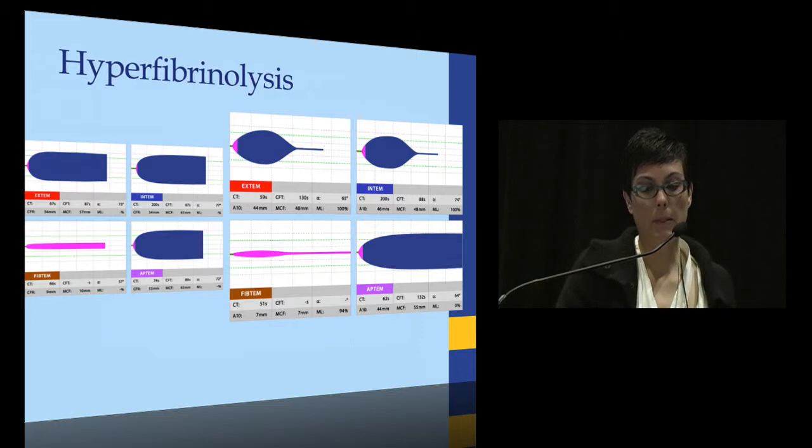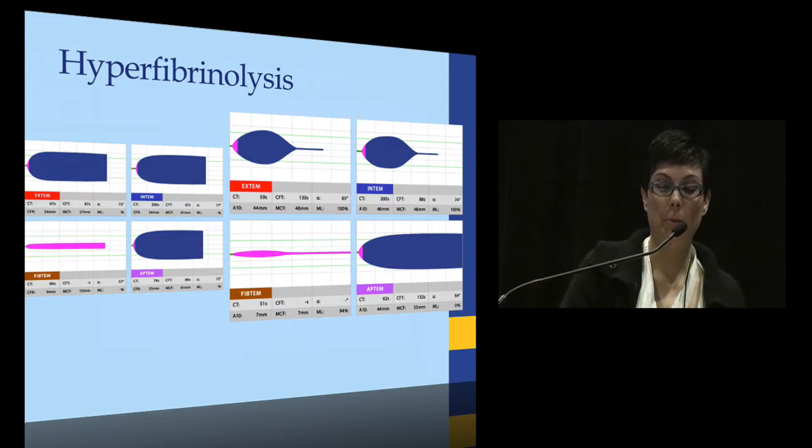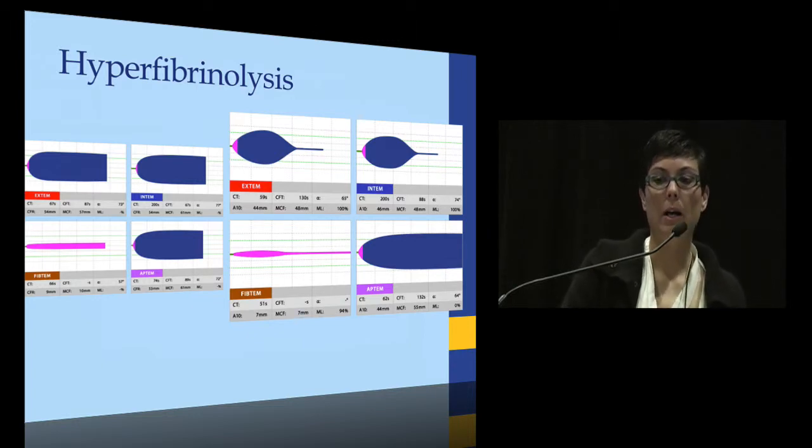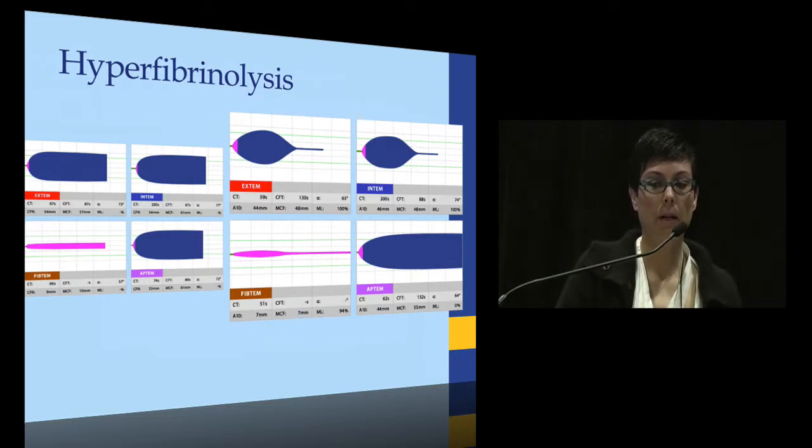And then you have the APTEM, which actually, in order to do that, if you remember the diagram, you give a protein, and that's an antifibrinolytic that inhibits the breakdown of the fibrin clot, and you're essentially correcting the problem, and so you end up with a normal APTEM. So it's kind of a way you reverse. By reversing that, you're able to see that this is an issue of hyperfibrinolysis, okay?